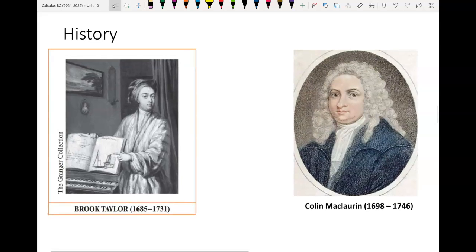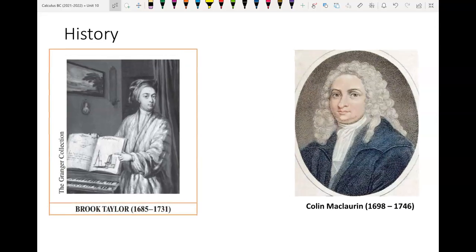So on the left we have Brooke Taylor, and on the right we have Colin Maclaurin. One thing it does say is that Brooke Taylor was not the first one to come up with this idea.